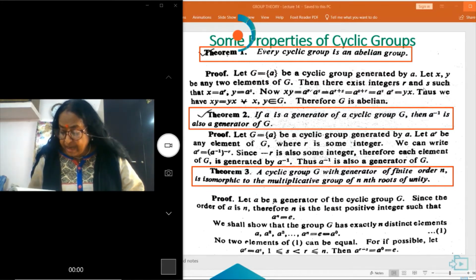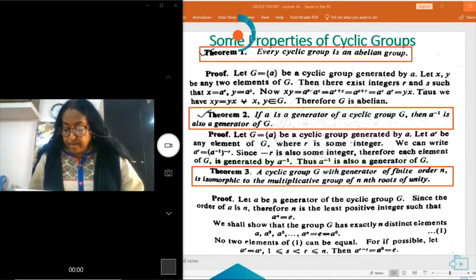We can write a to the power r is equal to a to the power minus 1, whole to the power minus r. Since minus r is also an integer, each element of G is generated by a minus 1, thus a inverse is also a generator of G.